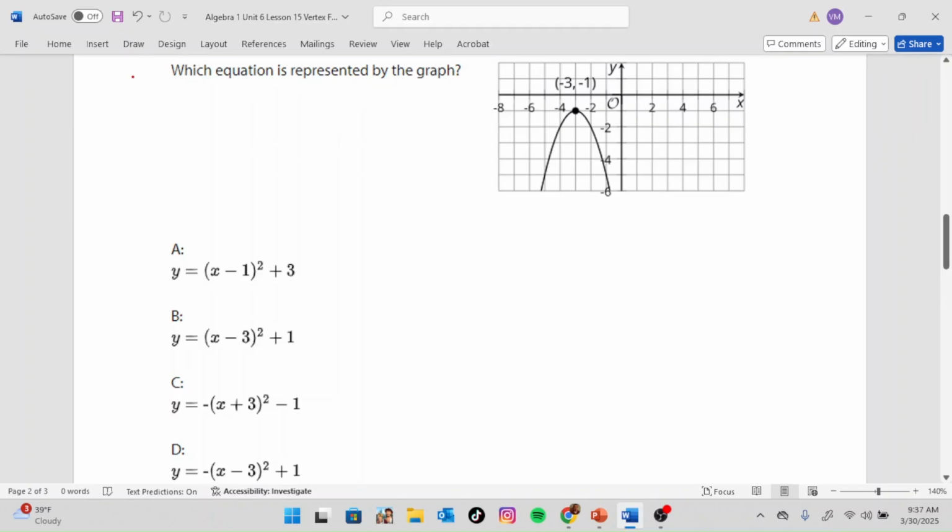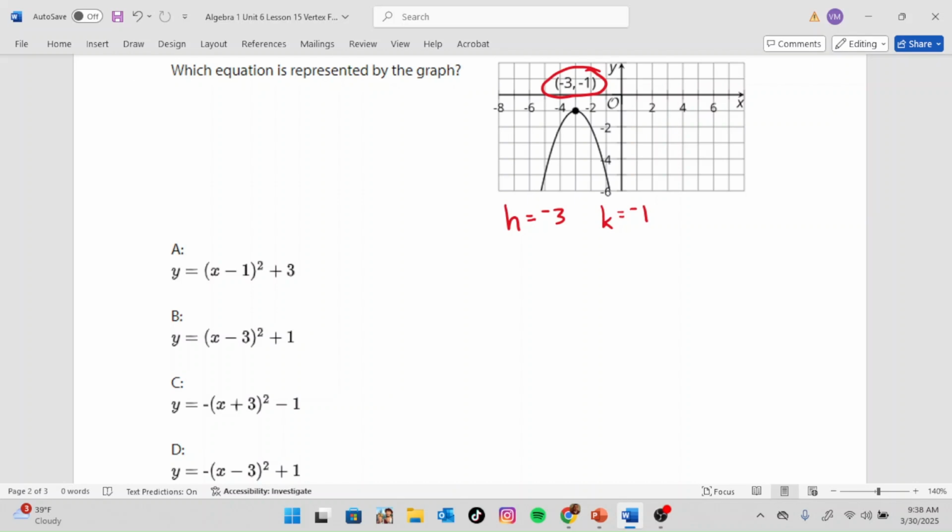Practice problem number 3. Which equation is represented by the graph? So what we know is that we know from looking up here that h equals negative 3 and that k equals negative 1.